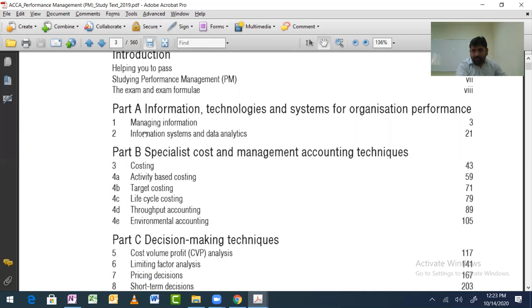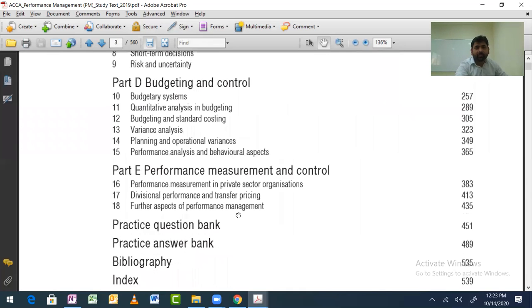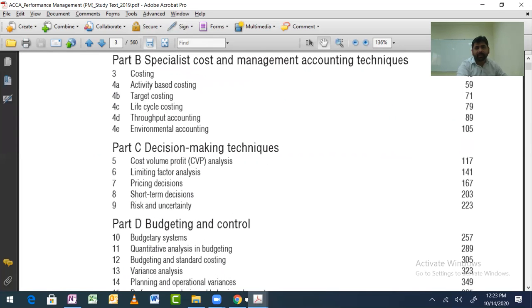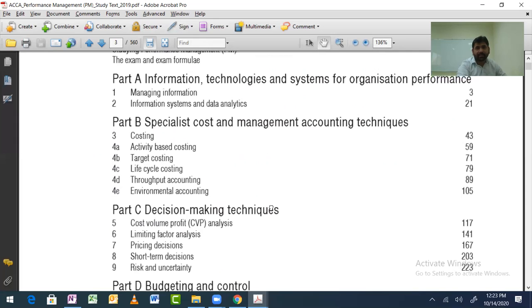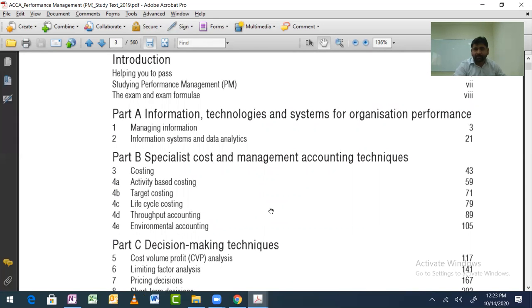Earlier, they were at the bottom, included in part E. Actually, there was no part E, there was only part D. This was part C, and in part D, you would have these two and those two chapters, so 5 chapters in part D in the old book. Now they took those 2 chapters, put them at the top, and created a separate group for it. So now this becomes part A of the book, and it talks about something different now. But that is the same thing, nothing has changed.